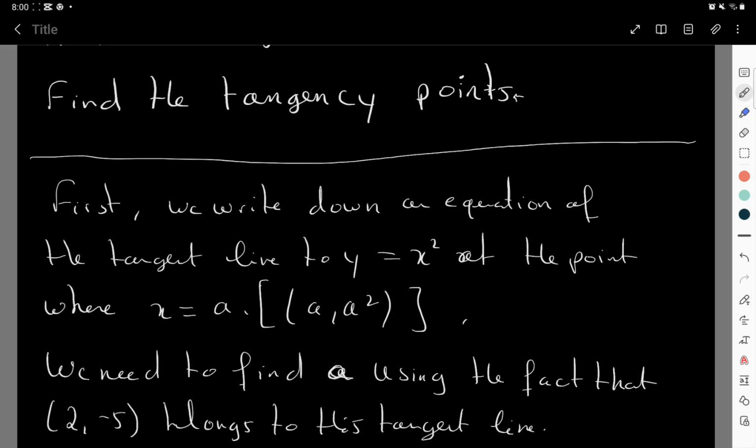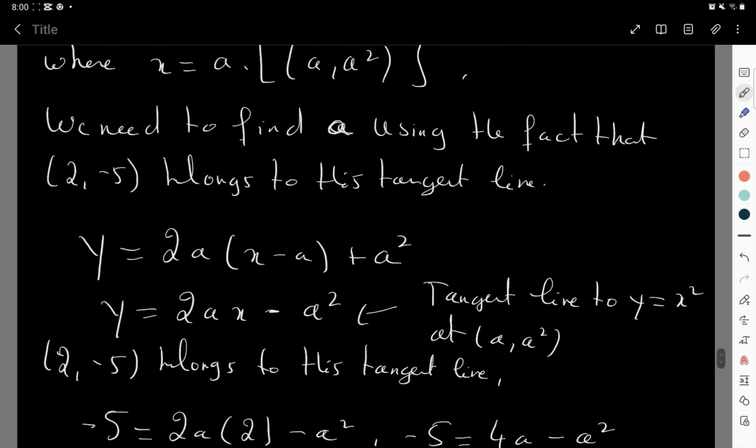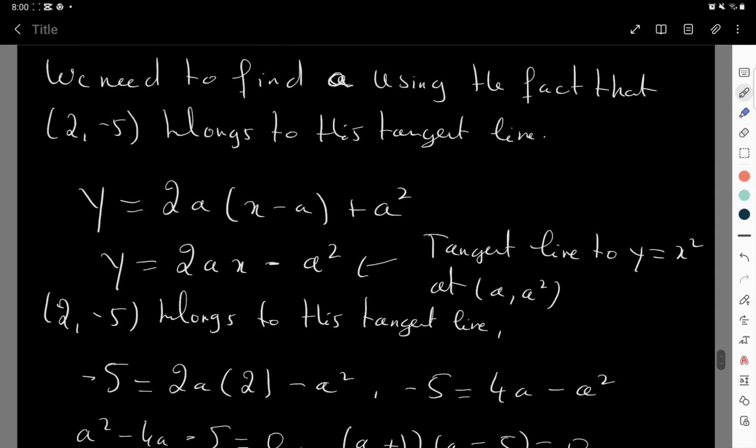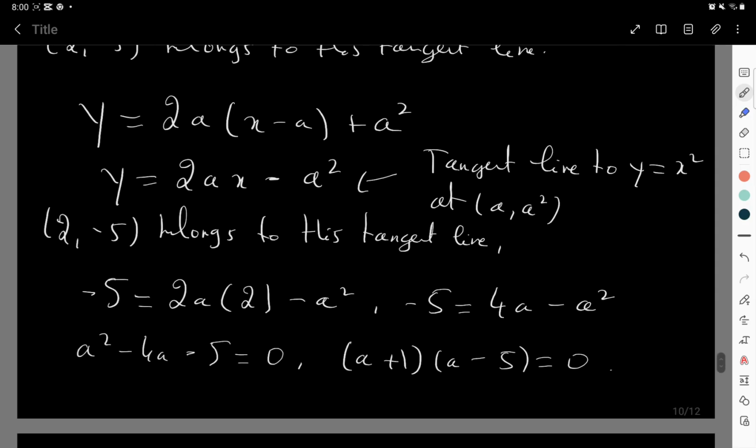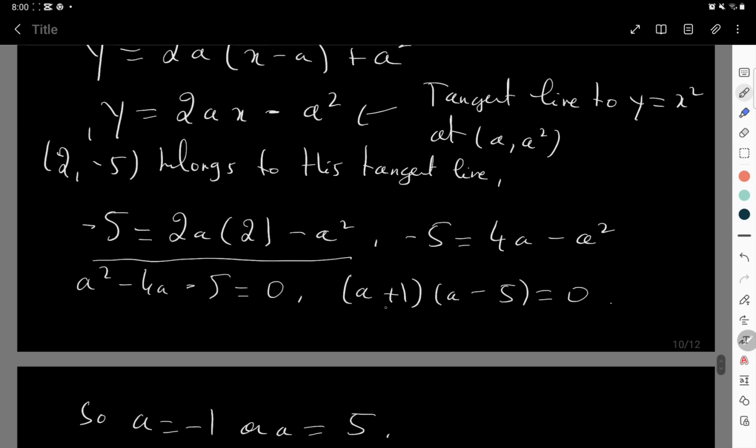If we're looking for tangency points, we first write down an equation of the tangent line at an arbitrary point a, and then we use the info that we are given, that 2, minus 5 belongs to this tangent line, and so the x value and the y value of this point satisfy the equation of the tangent line, right? This is what we did. And then we used it to solve for the tangency points.